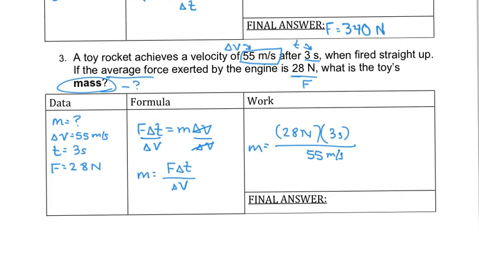We're looking for the mass. I'm getting a calculator spitting out 1.5272727. It looks like repeating. So when we round that to the 100th place, 1.53 kilograms is the mass.